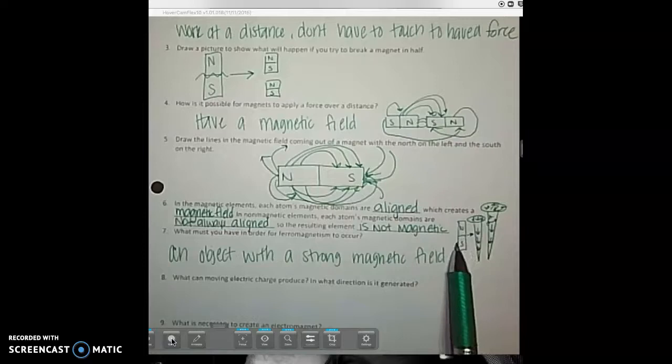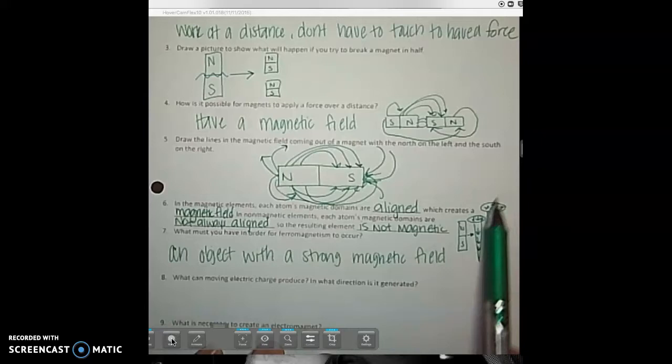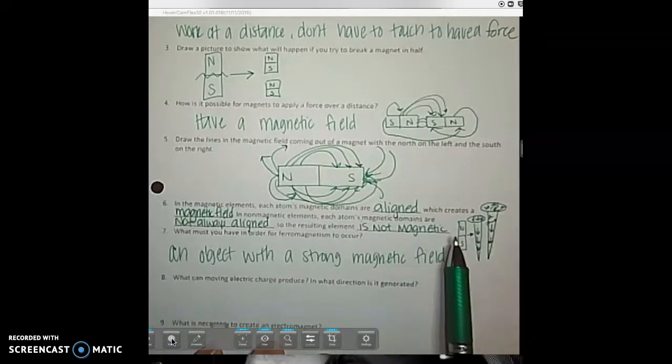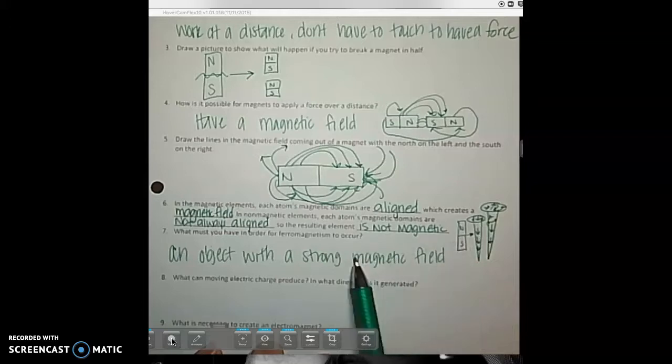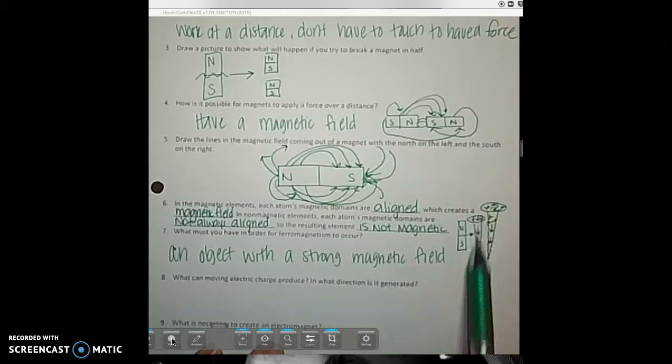On your notes on the back page, it says ferromagnetism, phenomenon where objects placed in a strong magnetic field become magnetized due to the poles within their atoms aligning. So remember, we have this nail that's not magnetic when it's just by itself, but when you put the strong magnetic field beside it, all of those electrons align, or all the atoms align, and it becomes a magnet.